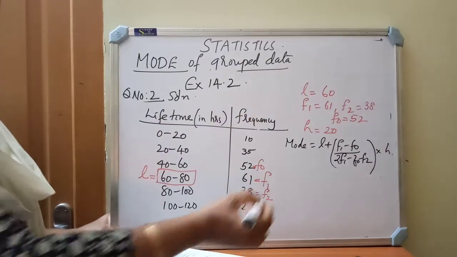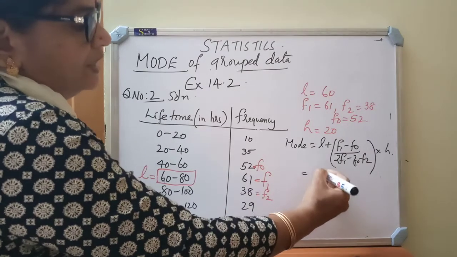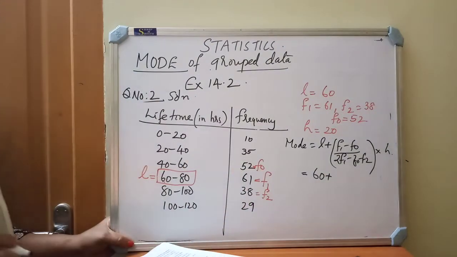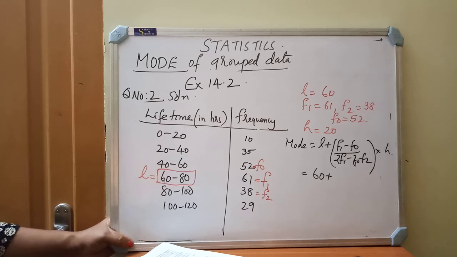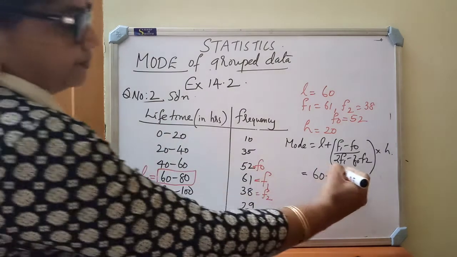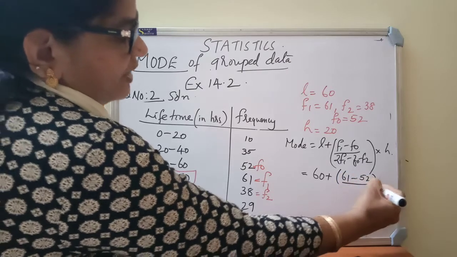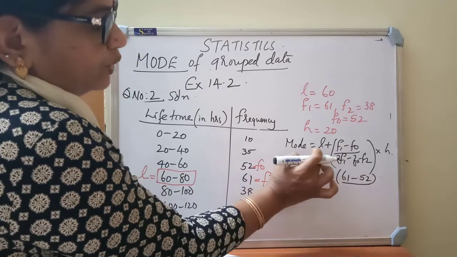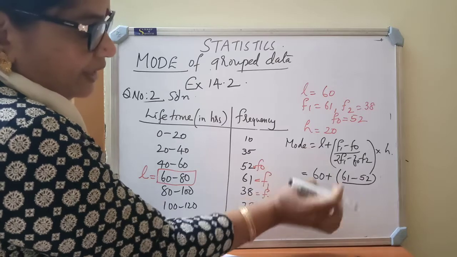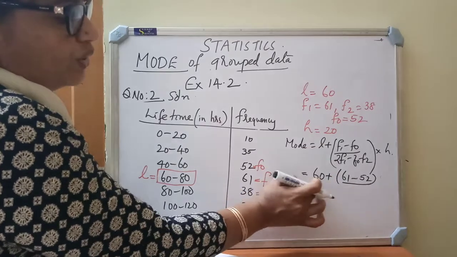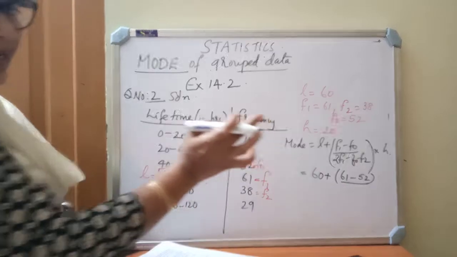All of you substitute and tell me what will be the answer. 60 plus F1 minus F0. What will F1 minus F0 be, children? 61 minus 52. Numerator is 61 minus 52, divided by the whole. You should not write this in the L side. L is separate only. L plus, so here you should not draw the division line.